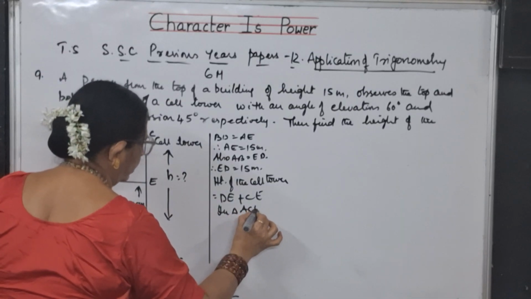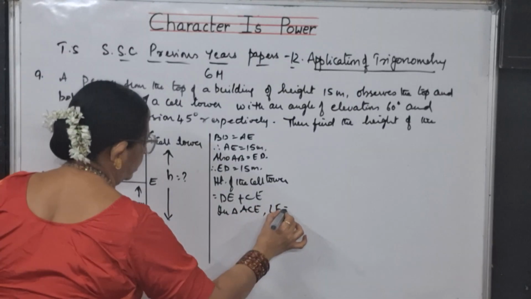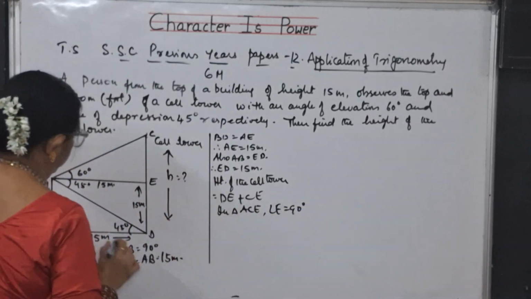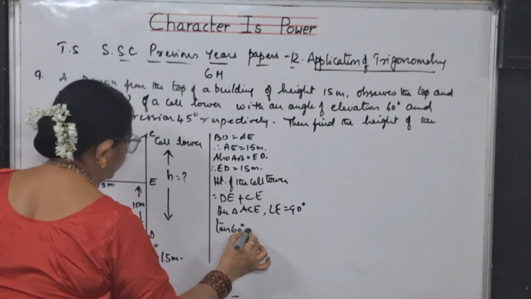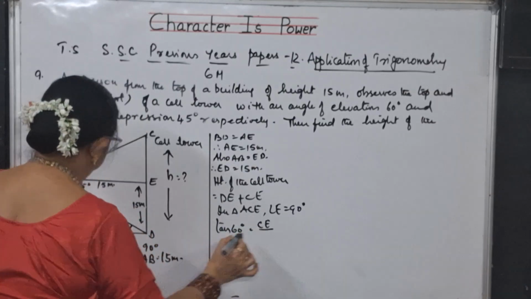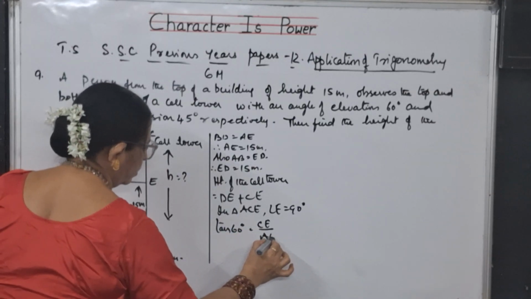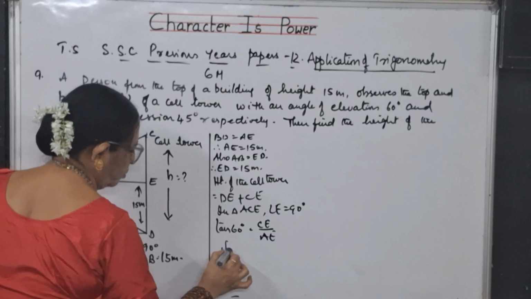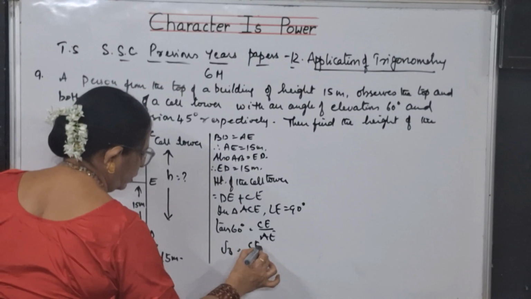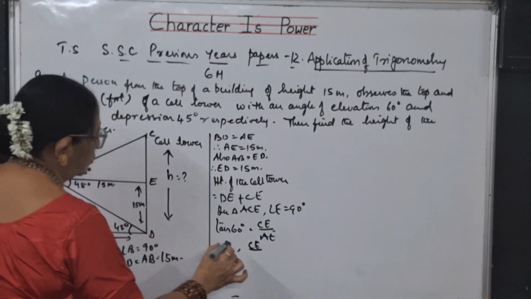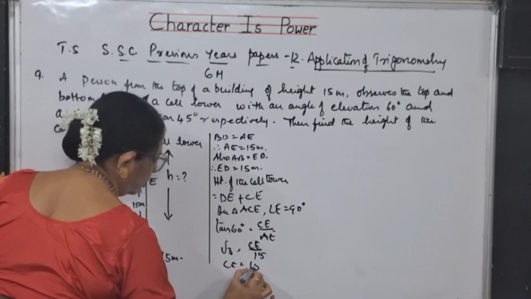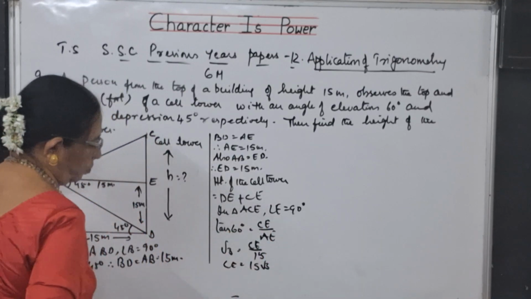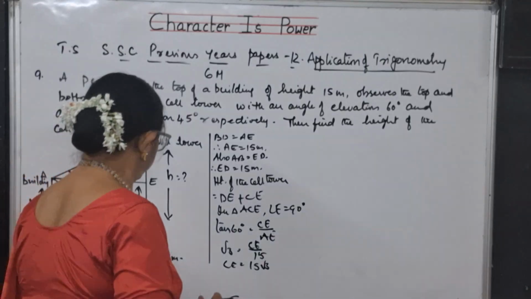In triangle ACE, angle E is 90 degrees. So tan 60 degrees is equal to CE by AE. So tan 60 is root 3 is equal to CE by AE, which is 15. So what is CE? 15 root 3. You have got CE.